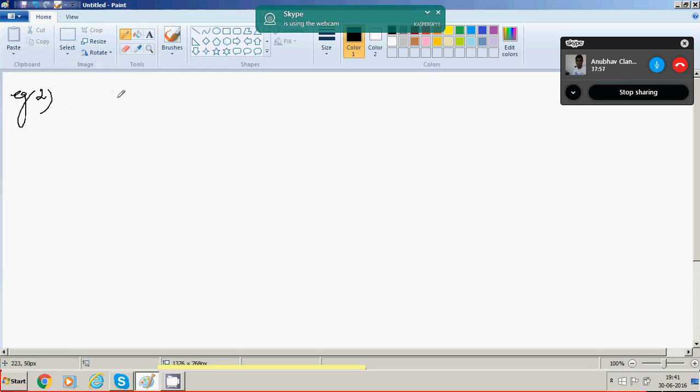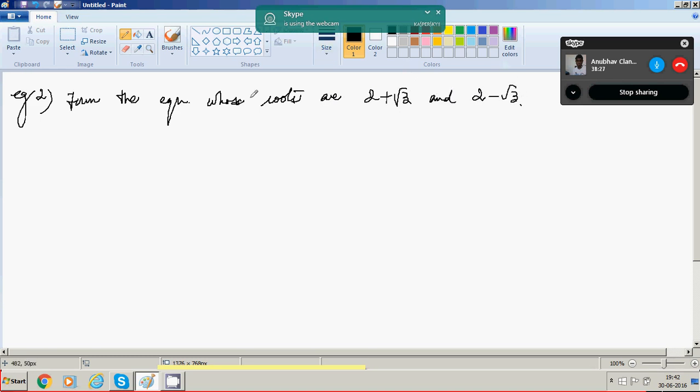Example 2. Form the equation whose roots are 2 plus root 3 and 2 minus root 3.